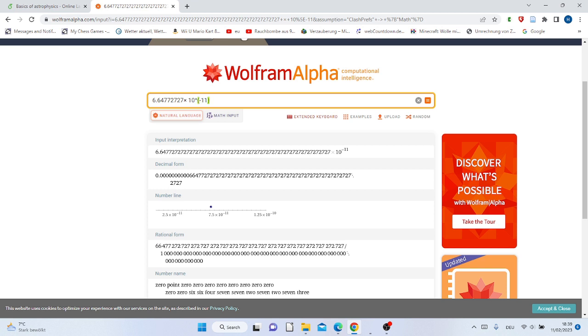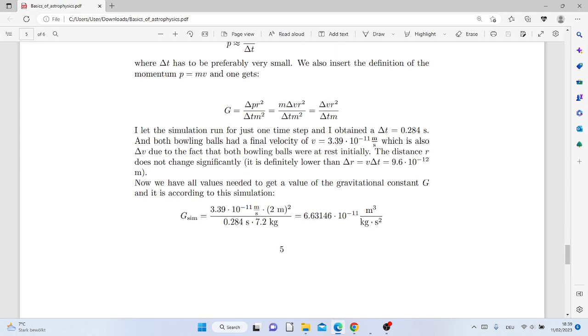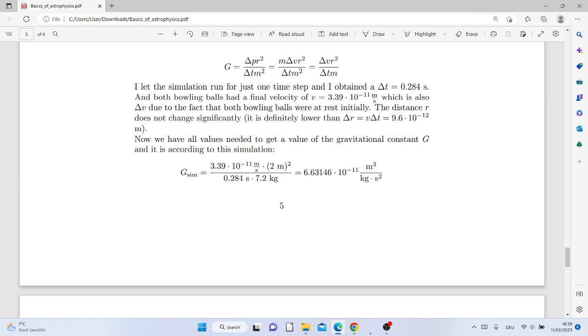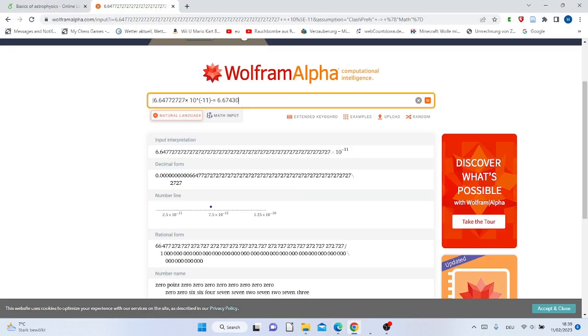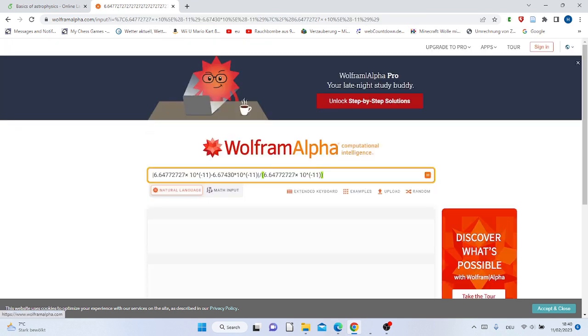I still use the literature value, which was 6.67430 times 10 to the negative 11, divided by the simulation value, and then I can get a deviation.